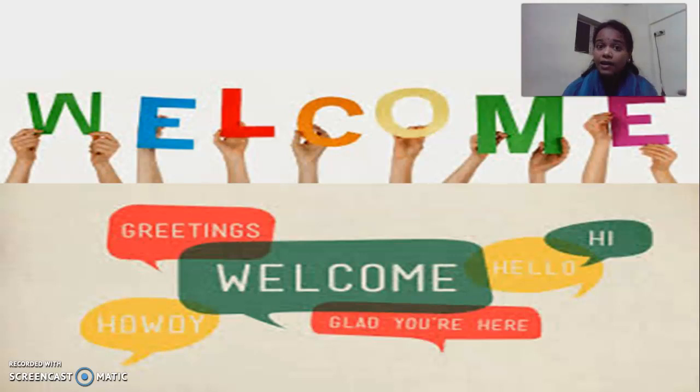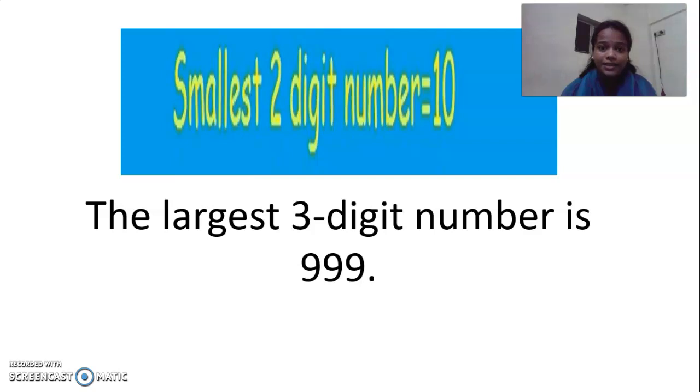And which is the largest or greatest 3-digit number? Yes, you are absolutely right. The largest 3-digit number is 999. Very good.